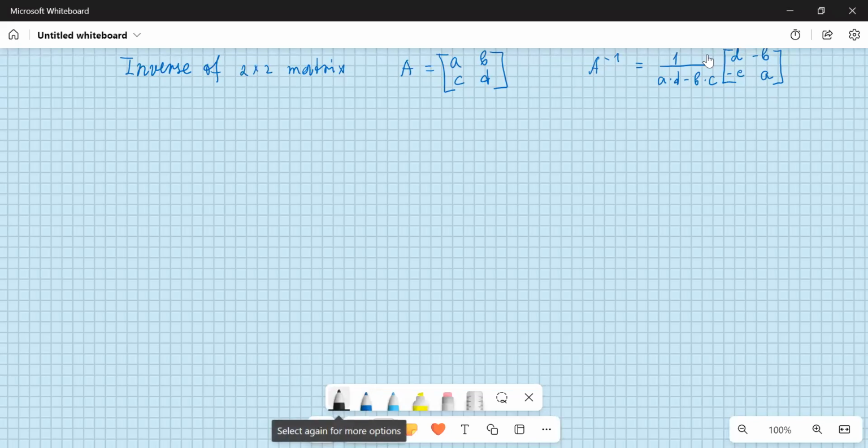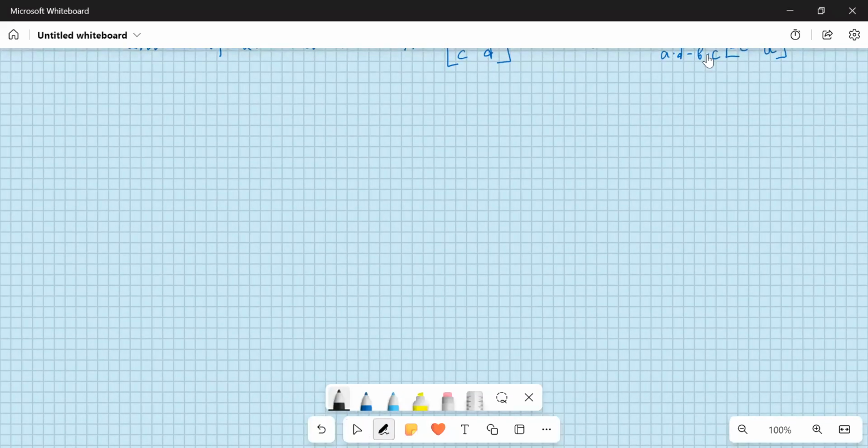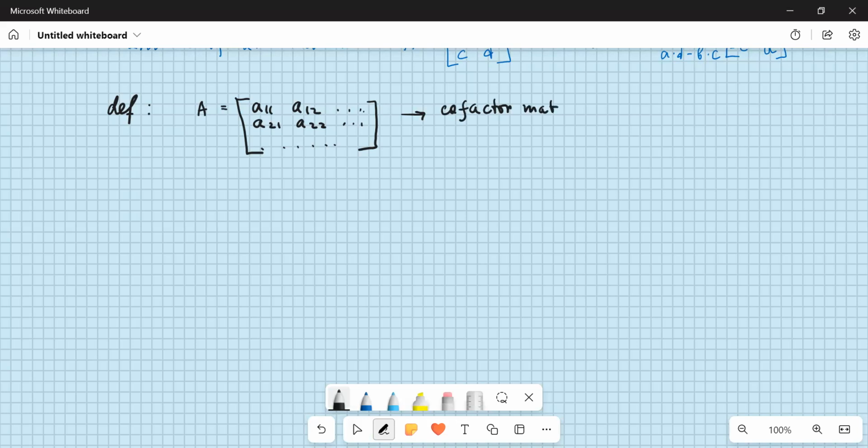But for now, guys, we're going to do a couple of definitions. Definition number 1. If you have matrix A with elements A1,1, A1,2, and so on, and here A2,1, A2,2, and so on, and lots of other elements, then we are going to have the cofactor matrix.